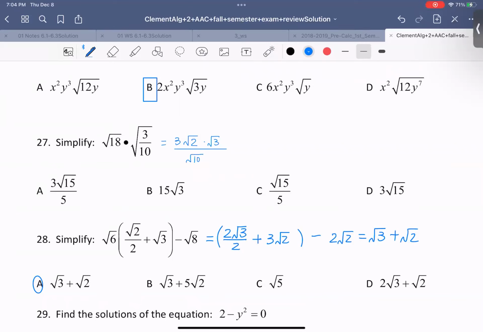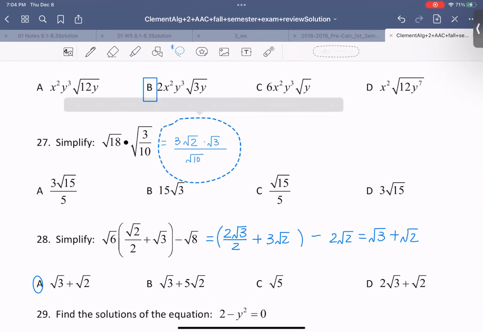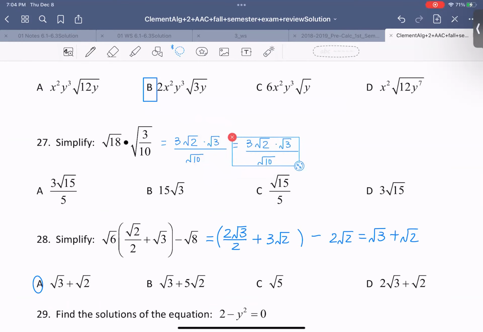Yeah. Okay. So we see here, square root 10 can be rewritten as who? Square root of 2 times 5. So we can write down here as square root 2 times square root 5. So this cancels.